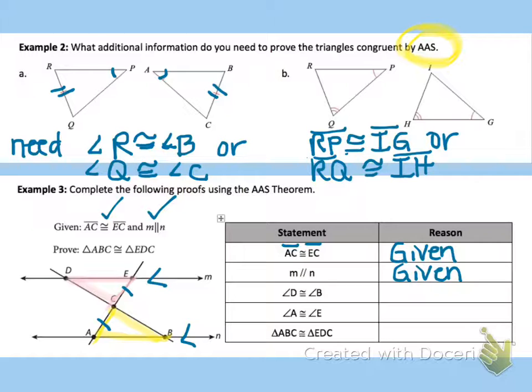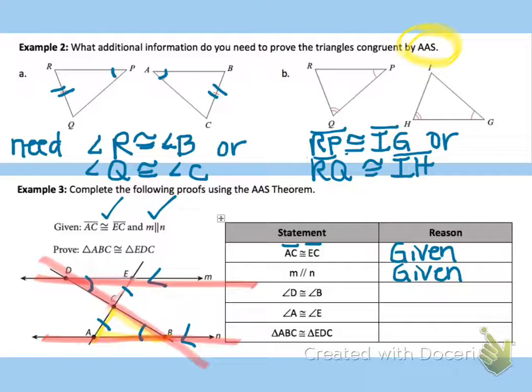So what I have to do is come up with two more pair parts. And I've got to do that by using the facts that they gave me. So they said angle D and angle B are congruent. So I'm going to mark angle D and angle B. And if you look at these lines being parallel, right? So you've got this line right here, and you got this line right here, and that's a transversal.